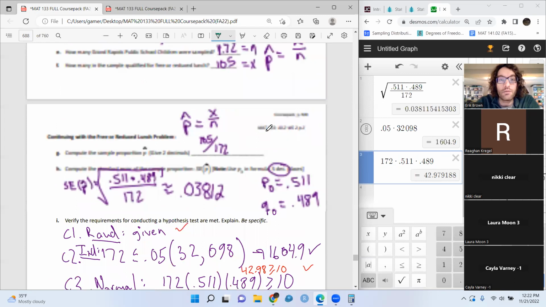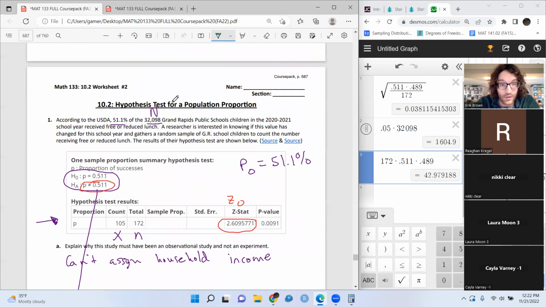What presumably we're measuring is that incomes have decreased for families in Grand Rapids Public Schools. So the median family income has gone down, meaning there are more children that qualify for free and reduced lunches. That's not necessarily a good thing.